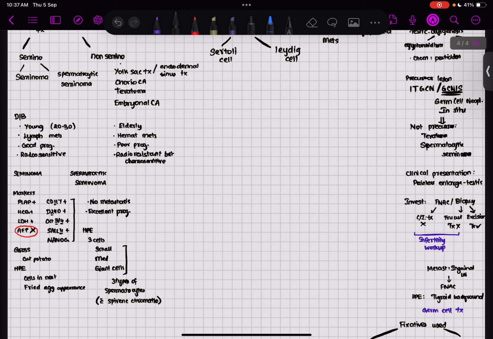Now coming to non-seminomatous tumors, we have yolk sac tumor, choriocarcinoma, teratoma, and embryonal carcinoma.